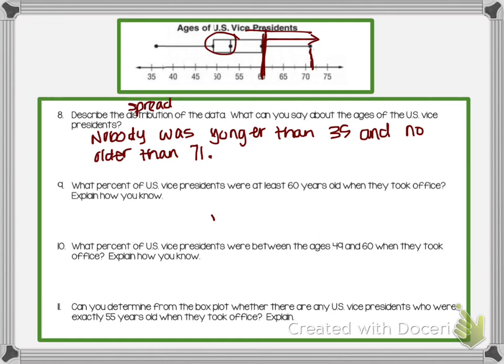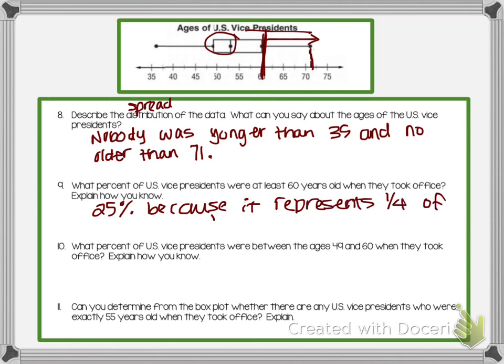What percent is just one of the lines on our box plot? It is 25% because it represents 1/4 of our data.